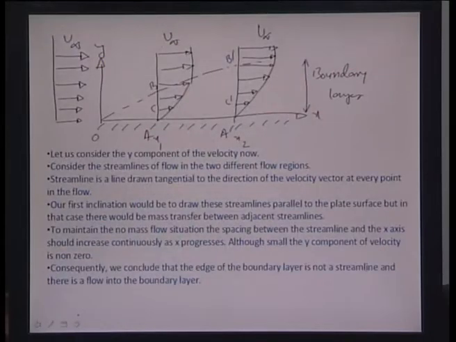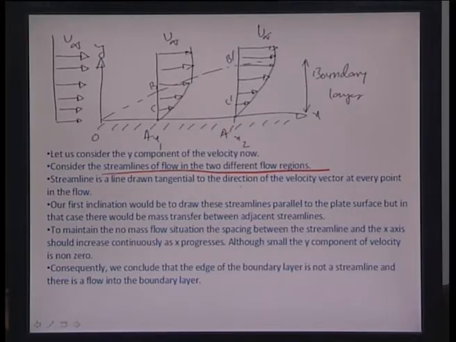So essentially, if we consider the y component of the velocity now, there is a very interesting thing which comes out. Let us say we consider the streamlines of the flow. And as we know from the earlier definition, what are streamlines? They are lines joining the tangential vectors to the direction of flow of particles. Okay, so that is how streamlines can be categorized.